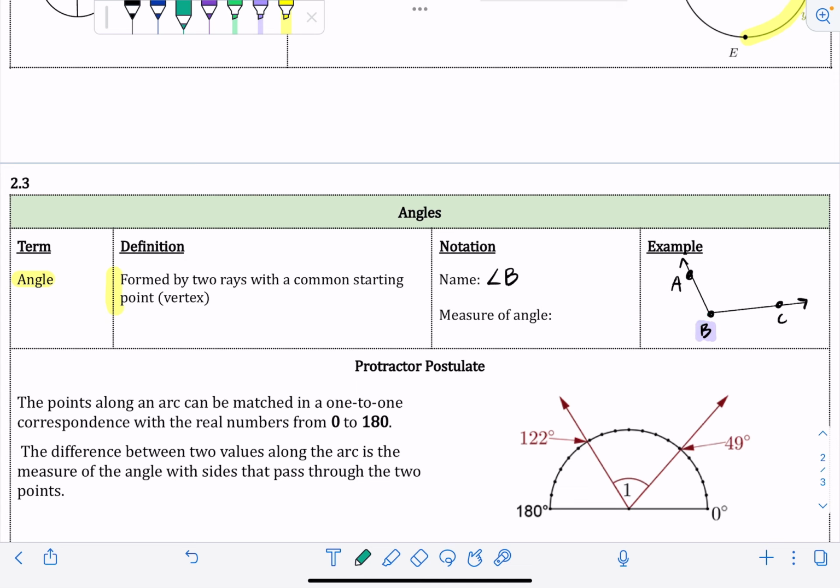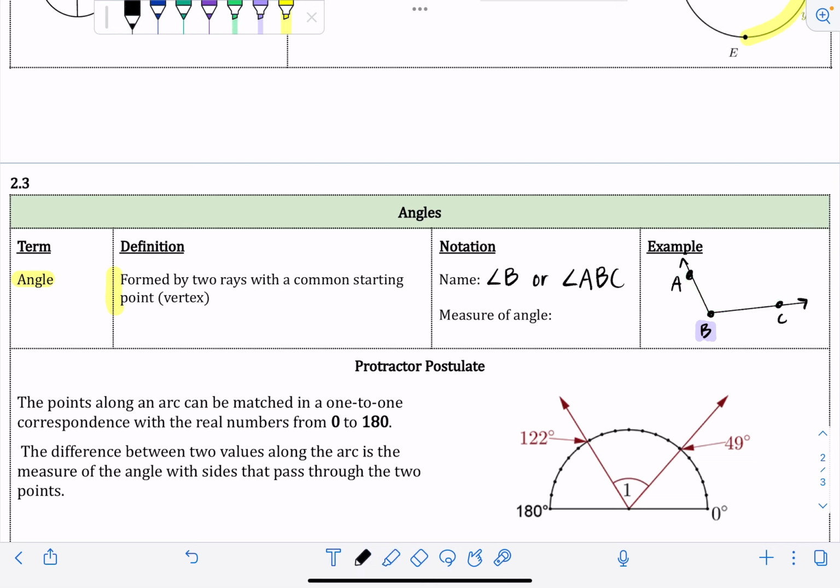You can name them more specifically by using three different points with the vertex in the middle. So it could be angle B, or it could be angle ABC. And if you wanted to, you could technically go the opposite way, so you could call it angle CBA. It's totally up to you.